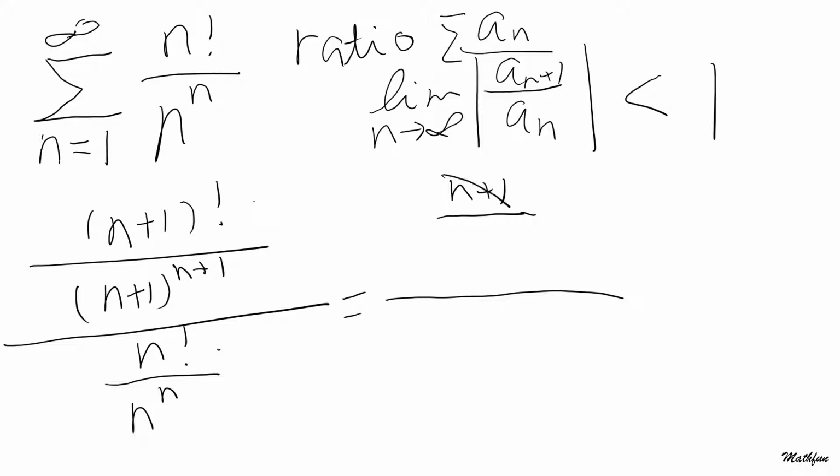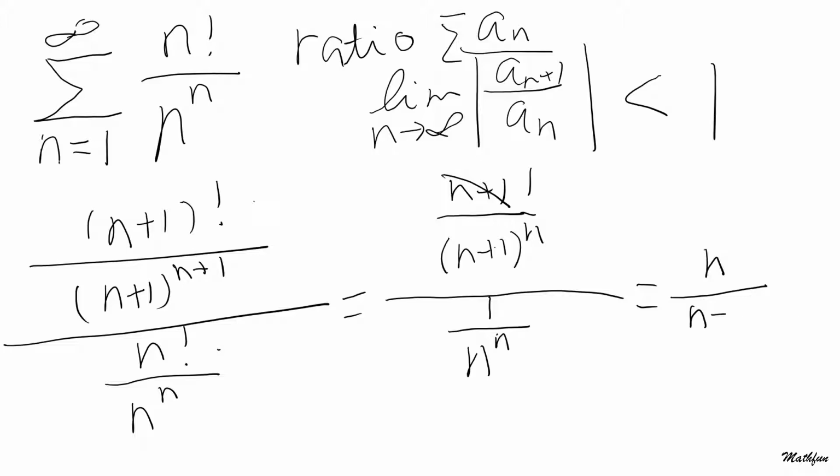So we're going to eliminate that one and make it 1. And over here, we have an (n+1) to the power of n left. And remember, these ones have been eliminated. So we're going to have 1 and n to the power of n. That will be n over n+1 to the power of n.